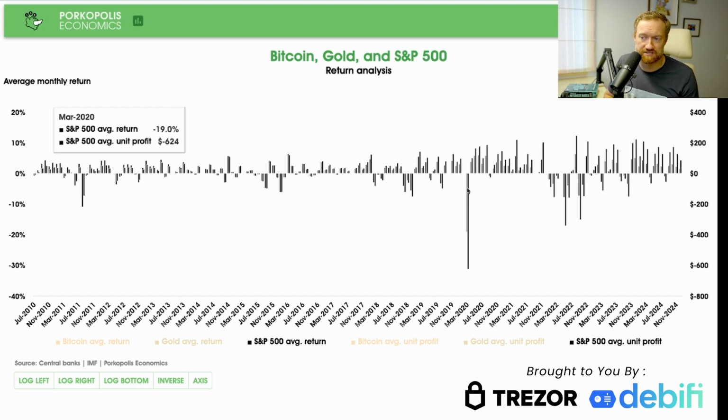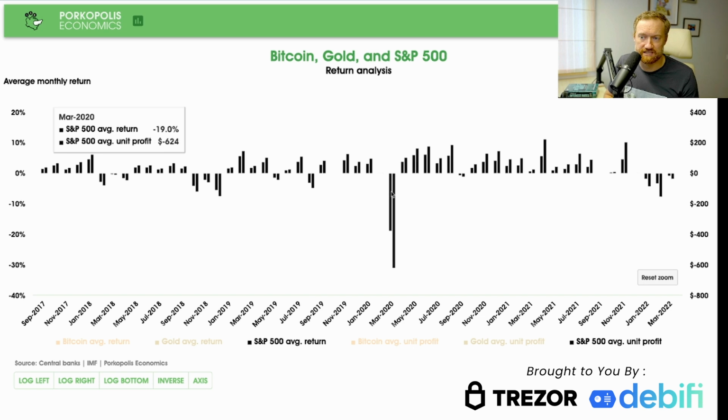And of course, the one that catches the eye is right here. This is COVID. All right, we got a negative 19% monthly return, which corresponded to a negative $624 in value. So just for example, if you bought even the SPY, the ETF for the S&P 500, it doesn't work exactly like this.